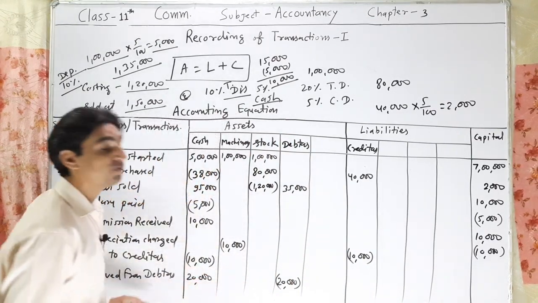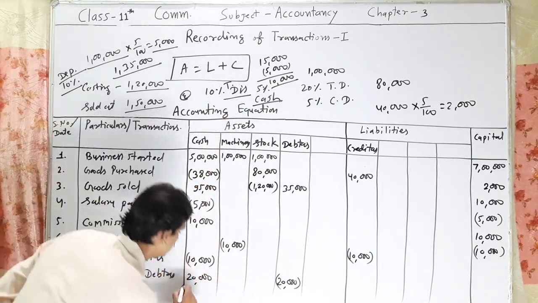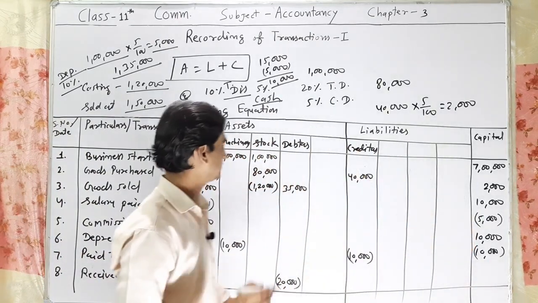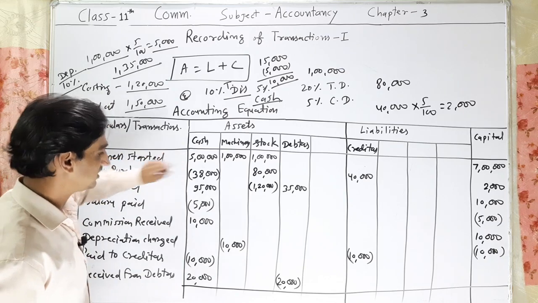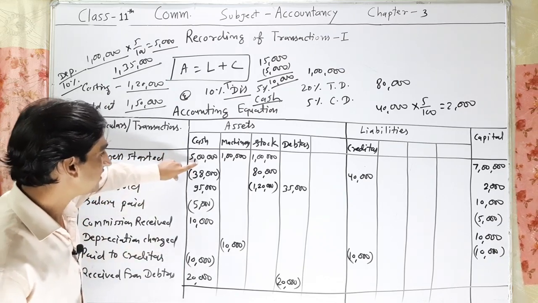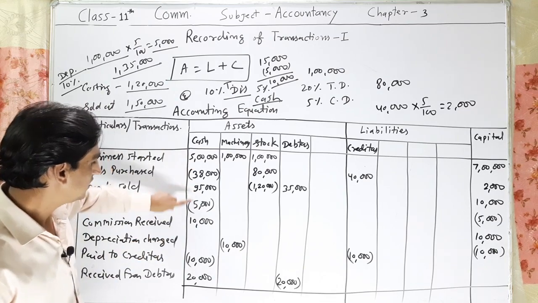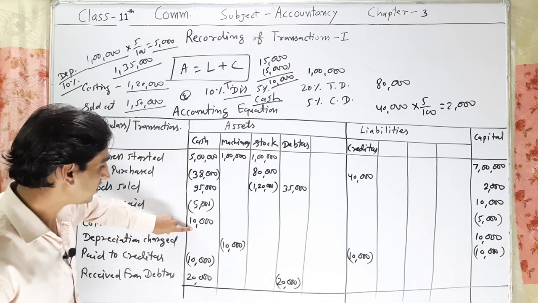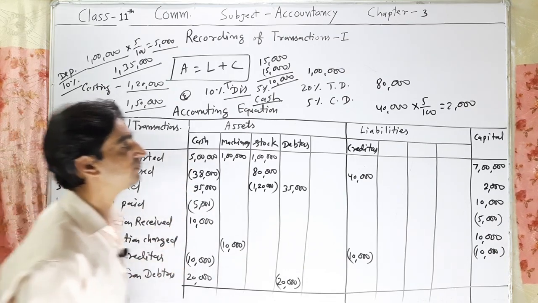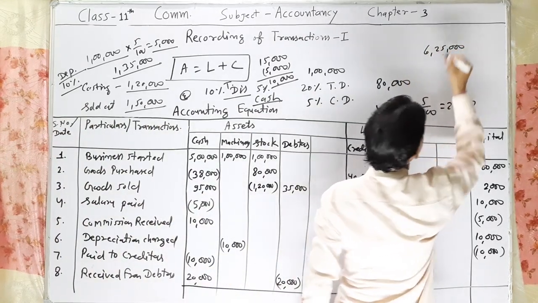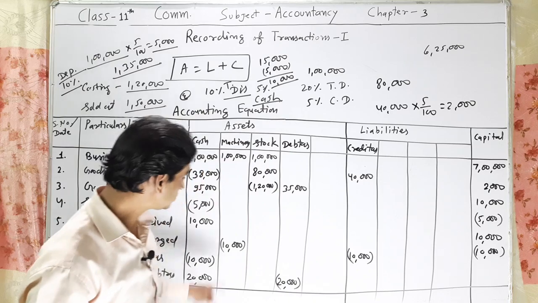Now we need to find out the values. Close the accounts and find the balances. The cash balance: 5,95,000, 6,05,000 and 6,25,000. 6,25,000 is the positive balance of cash.